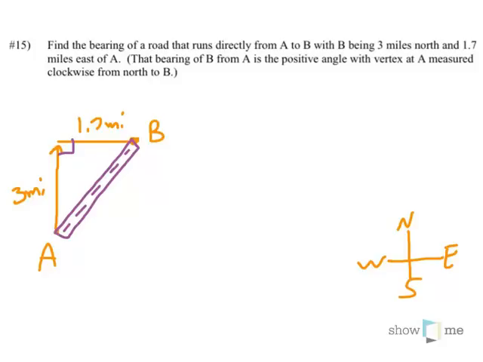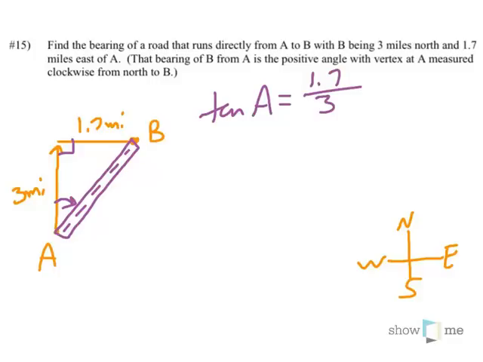It says find the bearing of the road. And then it defines what that is in the second sentence. The bearing of B from A is the positive angle with a vertex at A measured clockwise from north to B. So that would just be this angle right here. So we would use tangent of angle A, and it is the opposite leg, 1.7, over the adjacent leg, 3.